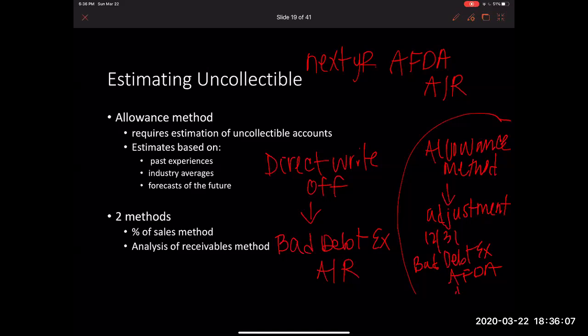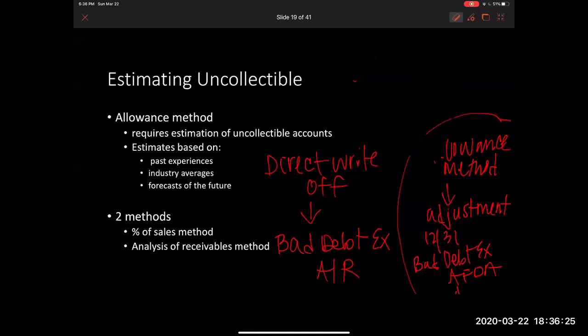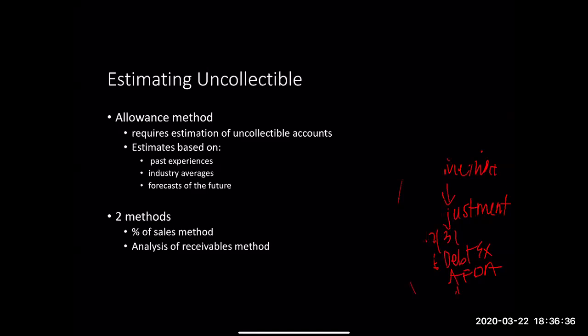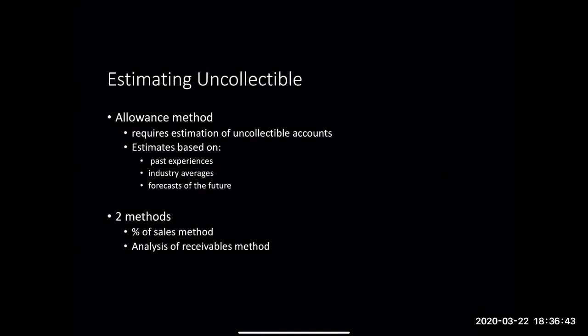All right, so it says the allowance method requires estimation of uncollectible accounts. This estimate could be based on past experiences, industry averages, and the forecast of the future. If I am in the retail business, and we in the US have been in the retail business for many years, what usually happens when you're in a business for a long time is people are collecting data to study something.